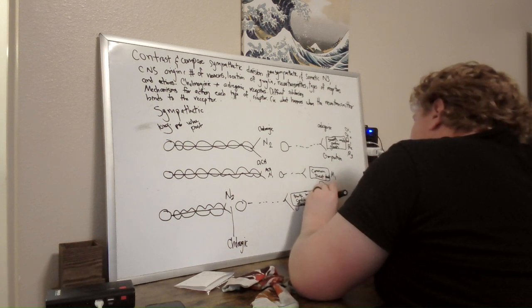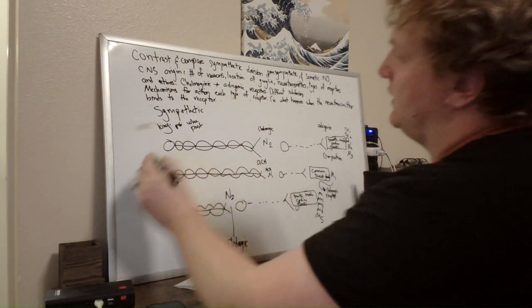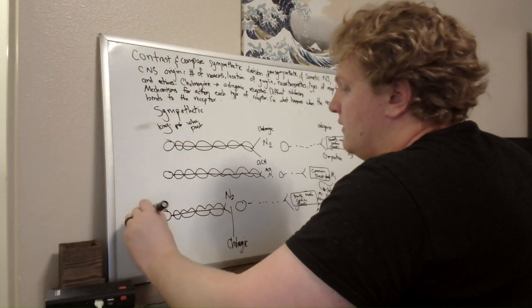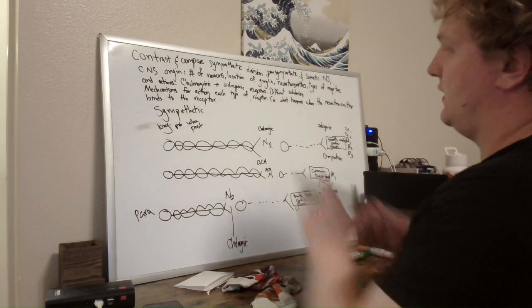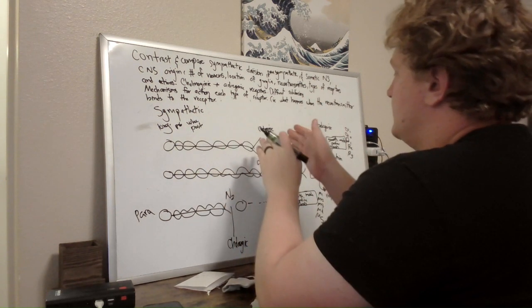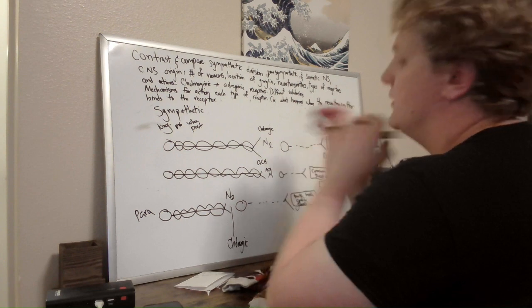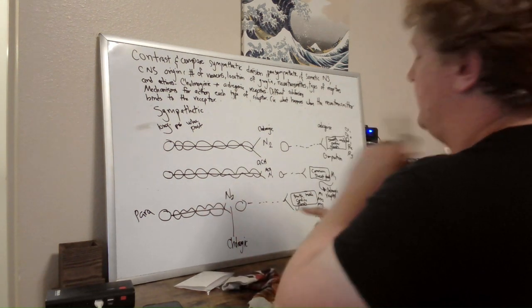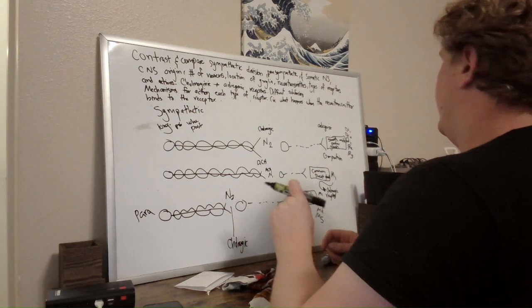But we got M1, M2, M3, M4, and M5. So the difference between parasympathetic and sympathetic: in sympathetic, the pre is going to be a cholinergic receptor with an adrenergic post receptor. With parasympathetic, both the pre and the post are cholinergic receptors.